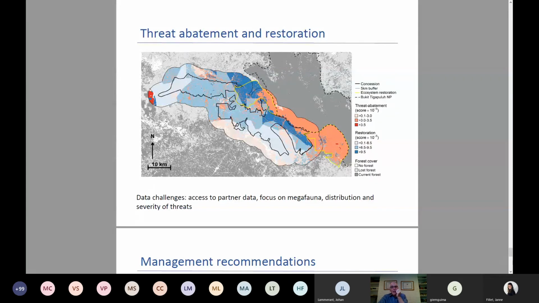So we're not just talking about an action to reduce activity in threat reduction, but you're also talking about a positive employment generating opportunity in restoring pre-existing habitat. And then there's a little blob on the left there, the red blob, which is the distribution of a critically endangered species of bat that only occurs in that area of forest. So you can focus your actions in there and generate some very efficient species extinction risk reduction results.